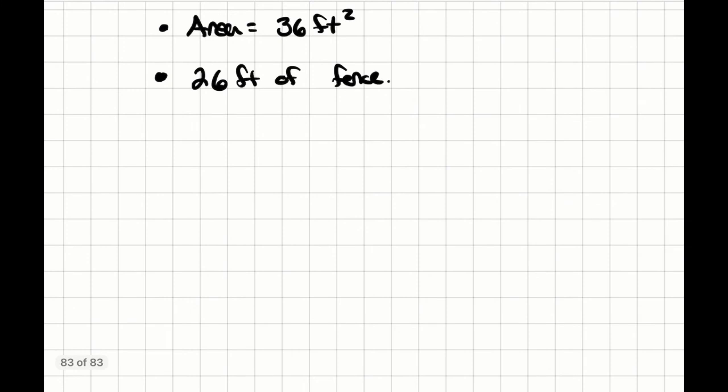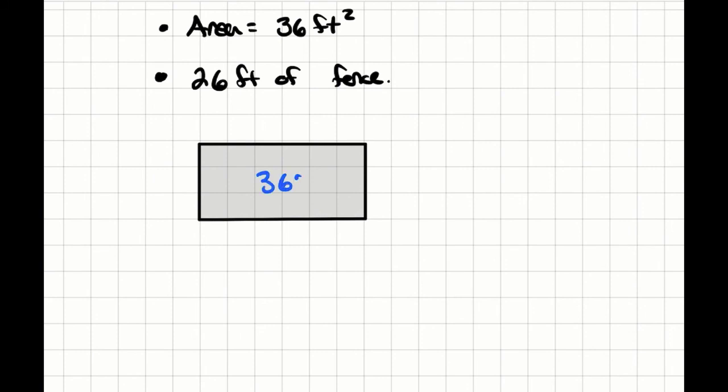When you are looking at a problem like this, you have to understand first and foremost what it is you're trying to find. So I'm just going to draw a rectangle, because a rectangle is a type of parallelogram. I know that the area is 36 feet squared.